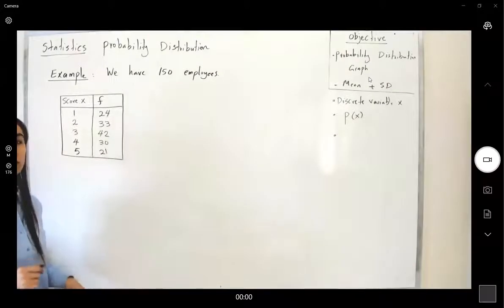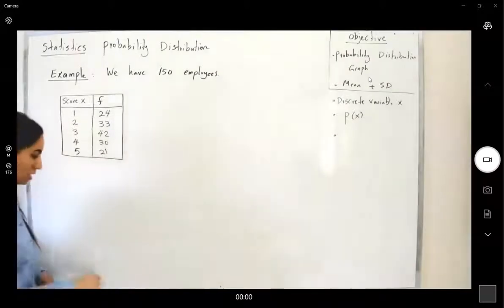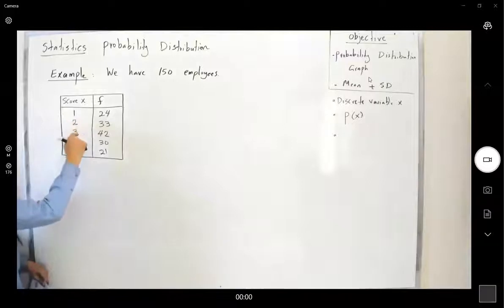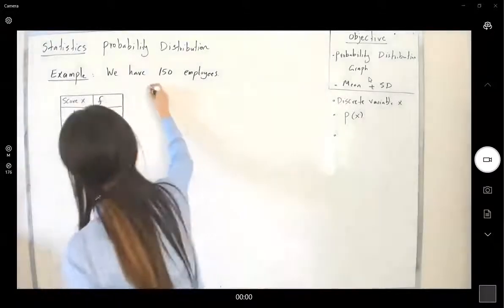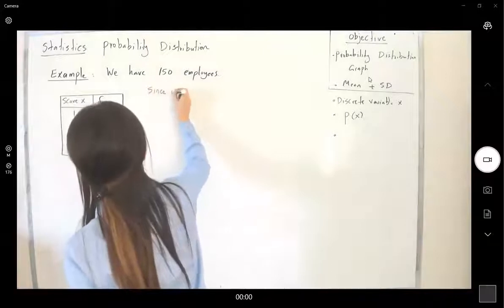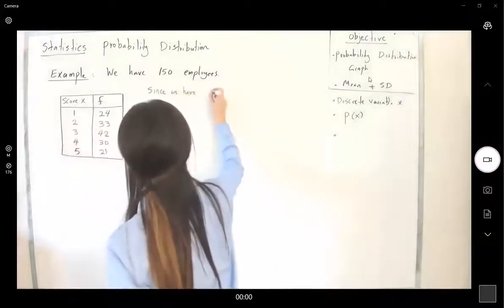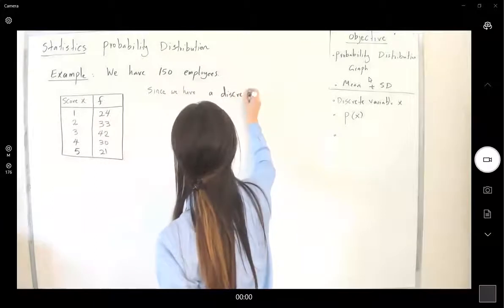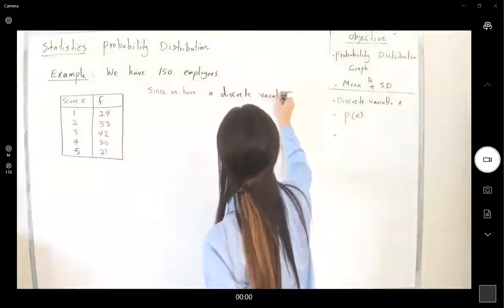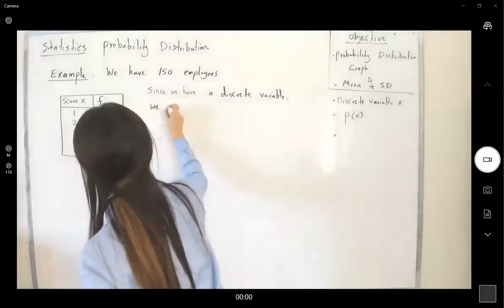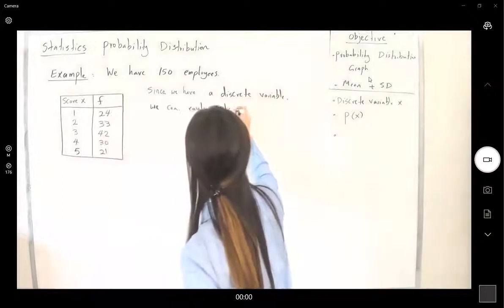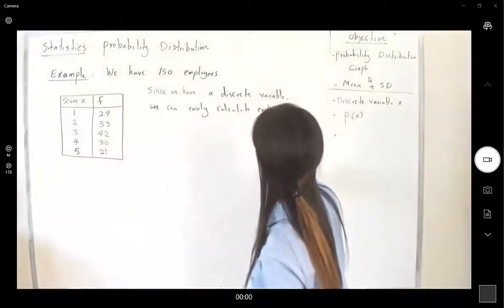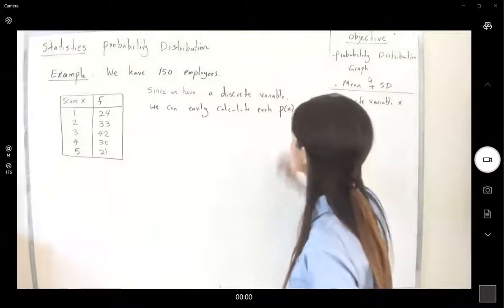Do we have a discrete variable or continuous variable? Since we can count the number of x values, it means that we have a discrete variable. So since we have a discrete variable, we can easily calculate each probability, each P of x.